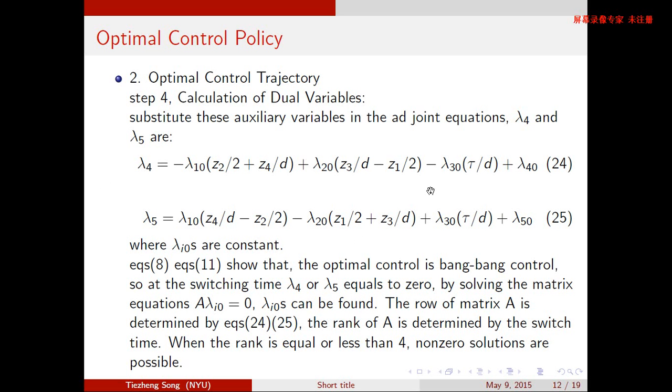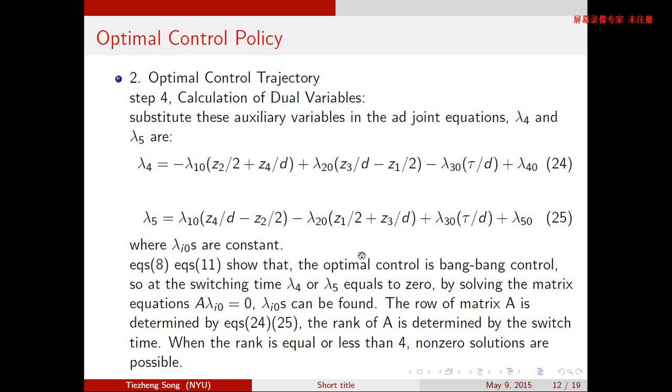So it is obvious that the number of equations we get depends on how many times the control policy is switched.